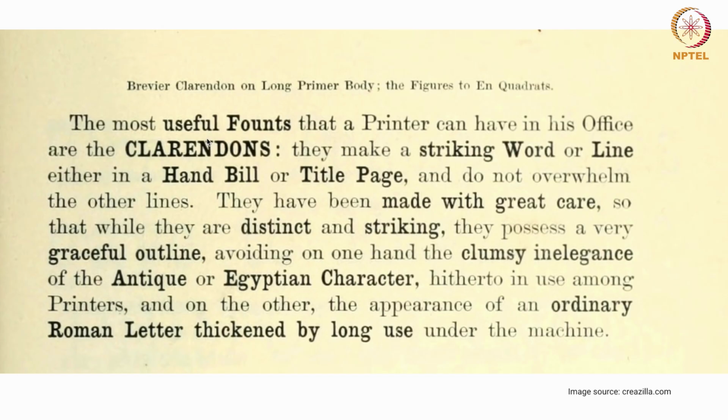Here, because of the capital letters, the word Clarendon gets emphasized. Apart from that, because of the bold nature, you can see some of the words get emphasized before reading the overall paragraph. So emphasis in typography helps to direct the viewer's attention to what is more important, and it creates visual hierarchy.